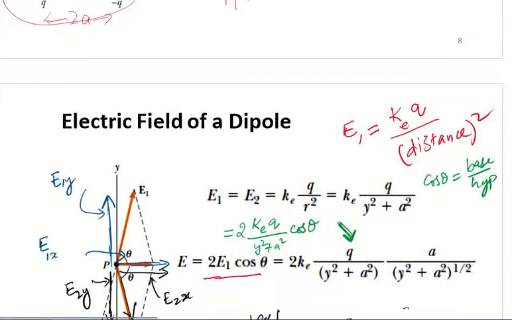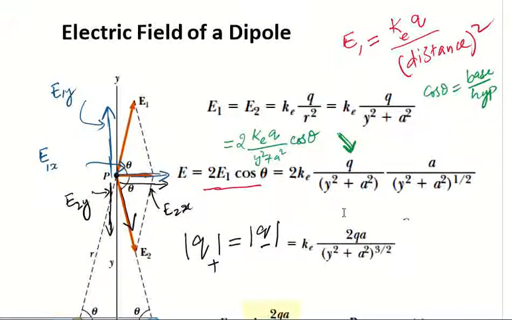So in the next step you combine, you get ke times 2qa divided by y square plus a square. There is 1 power here and 1/2 power here, so this becomes y square plus a square raised to the power 3/2.